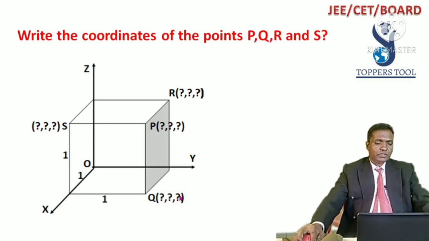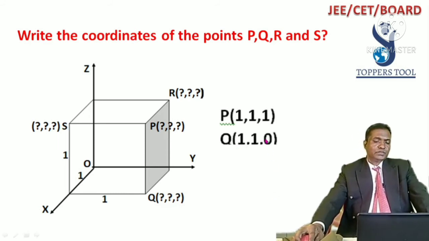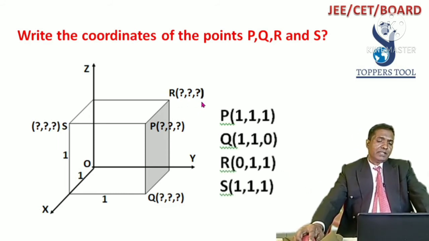So this is going to be 0, and this stands for this distance, which is 1 unit, and this stands for this distance, which is 1 unit. So the coordinates of the point Q are 1, 1, 0. Similarly, you can identify the coordinates of R and S. So here are the coordinates of P, Q, R and S. Remember this.